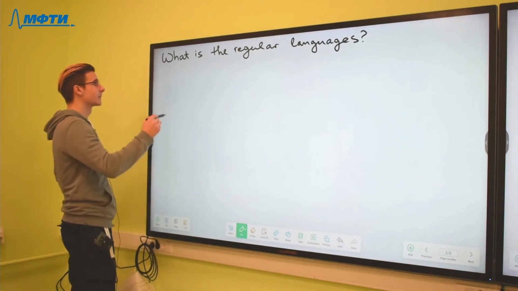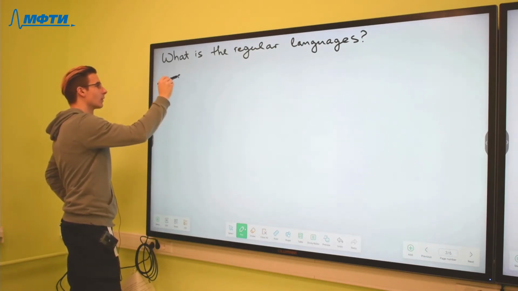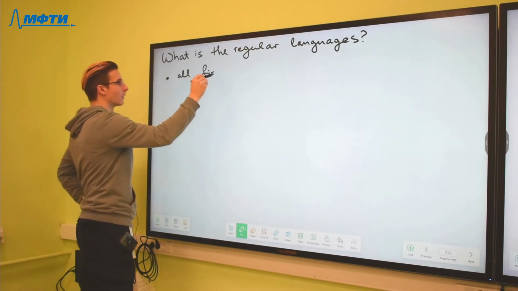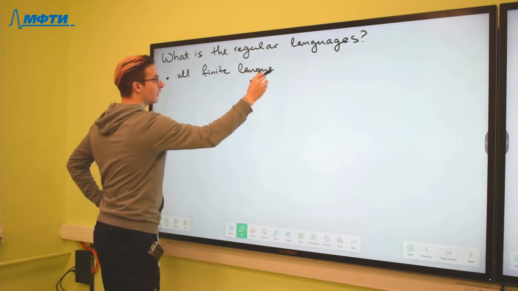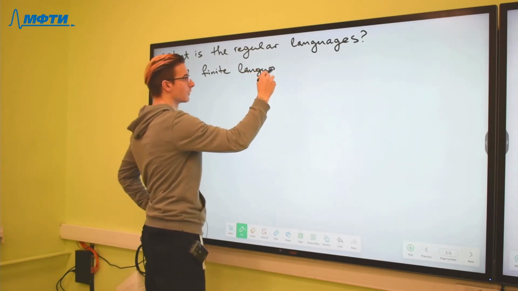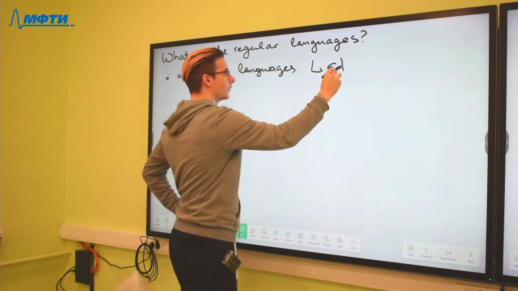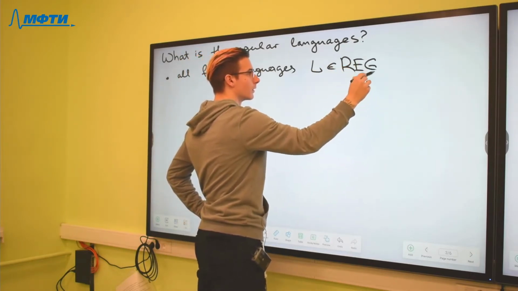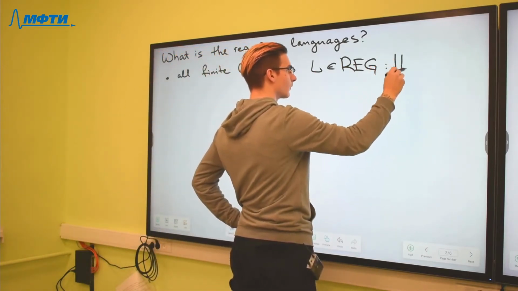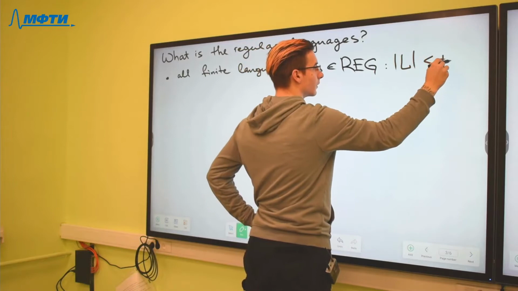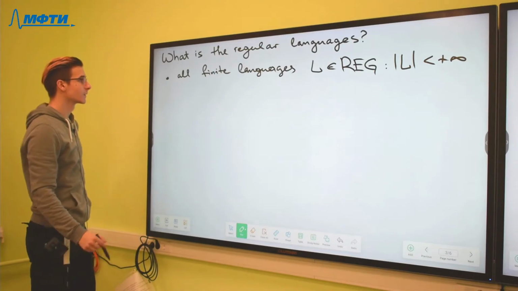We say that all finite languages will be in the class of the regular languages, such that the number of elements is less than infinity.